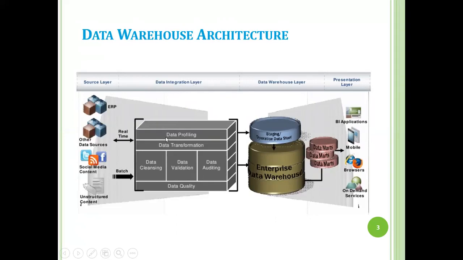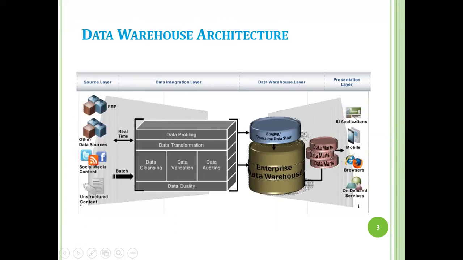In the data integration layer, we do all the data profiling and data cleansing using some IDQ tool. From here we consume the data into the data warehousing layer, like a staging layer. Once staging is completed, we go through different layers in the enterprise data warehouse, called EDW. From here the data moves to data marts.